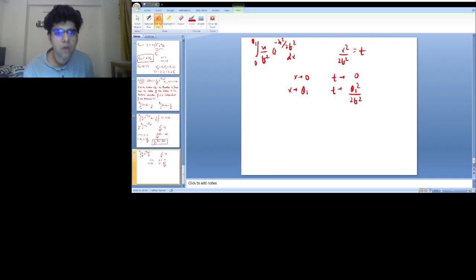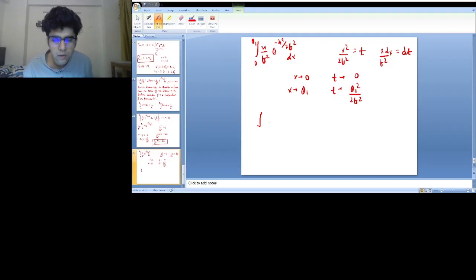So this becomes x upon b square, and 2x dx upon 2b square. The 2 and 2 get cancelled, so I'll be left with x dx upon b square, which is equal to dt, right? So now I'm just substituting: this term x upon b square dx becomes dt, and this is e to the power minus t.